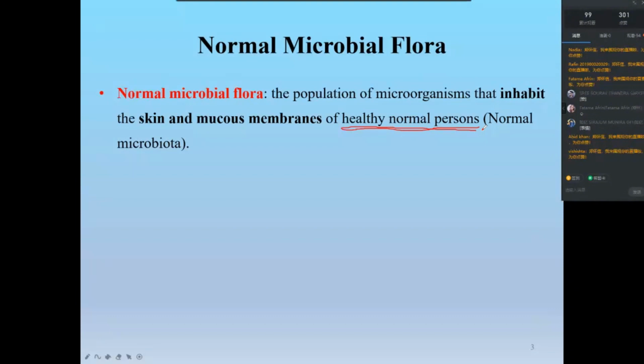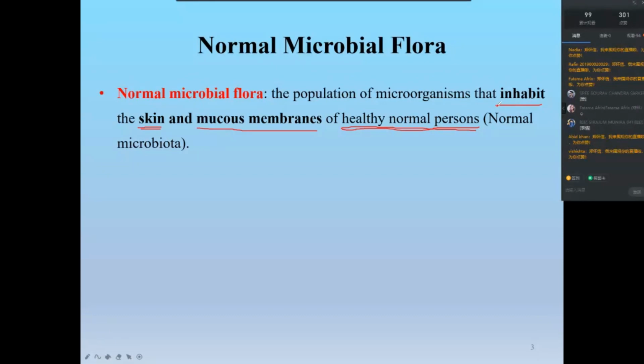And it's a population of microorganisms, which means that it's not a single species. It's a composition, a large group of microorganisms. So this is the definition of normal flora. And there are two different types.